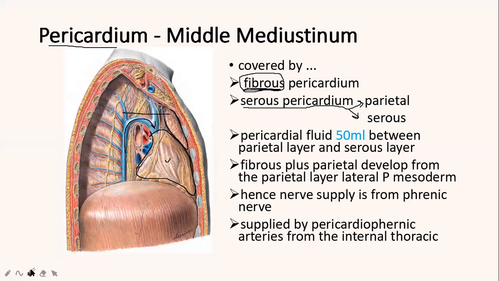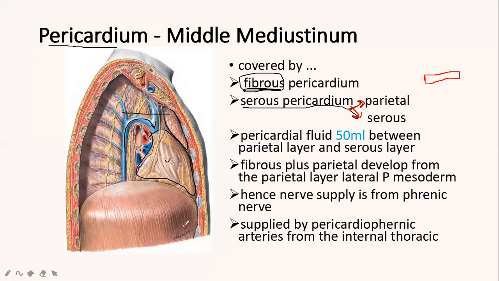Let me change the color there. We have the parietal layer and the serous layer. So let's take it like this: we have the fibrous layer outside, and then inside we have the parietal layer and the serous layer.